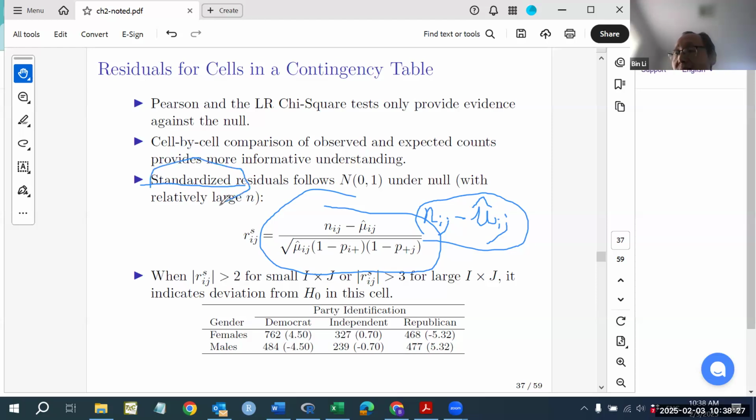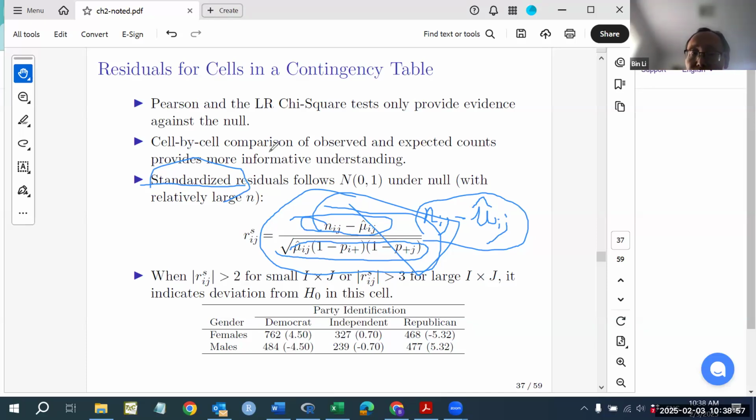This is the standardized residual: the numerator is the raw residual, divided by the square root of this, where the denominator is nothing but the standard error of the numerator. We standardize it so that it follows a standard normal.